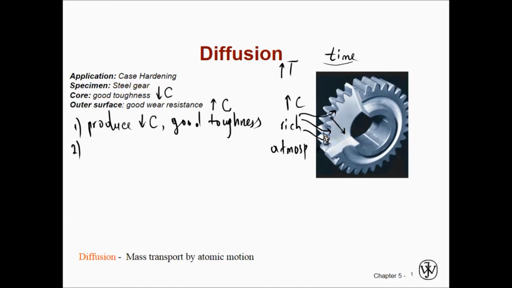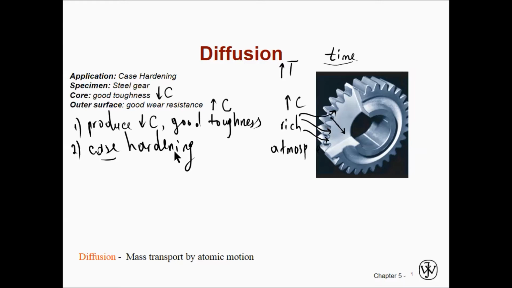That means I will have good toughness at the core because I have less carbon over there, and I have good wear resistance at the surface because I have more carbon over here. This process is called case hardening. So we are hardening only the case, outer surface of the product.